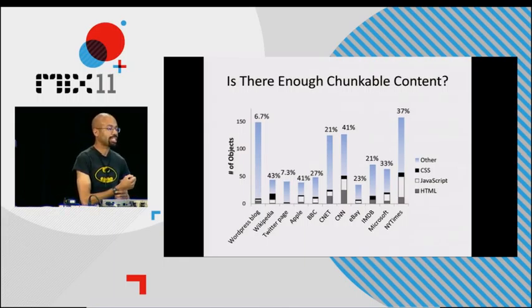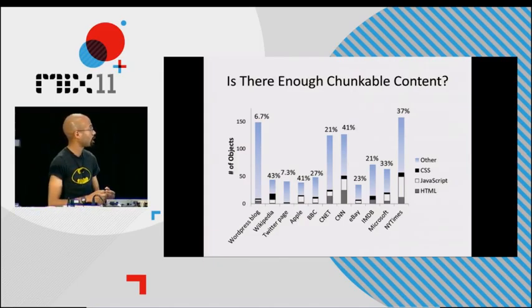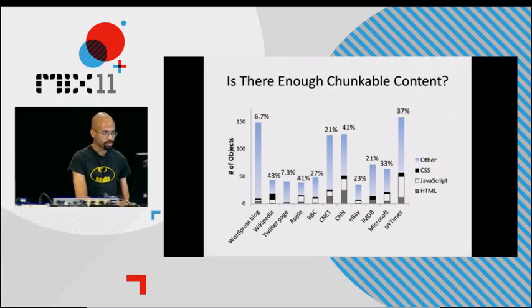And what we see is that for a lot of web pages, more than 20% of the objects are actually of the chunkable variety. In fact, if you look at sites like, let's say, CNN or New York Times or the Microsoft homepage, it's more than 35% in many cases.